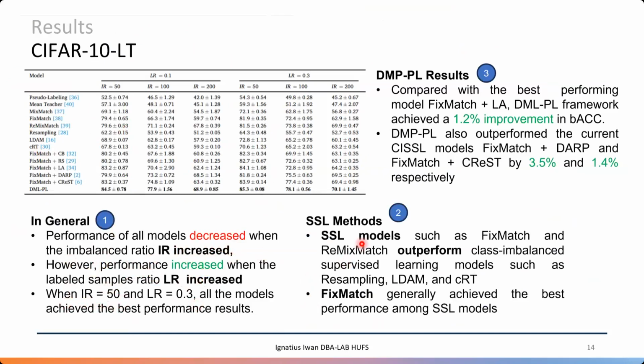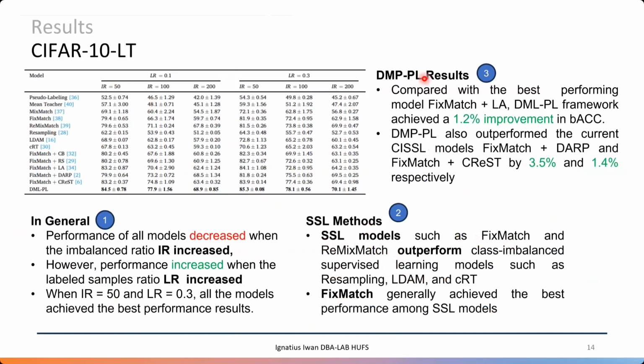And then the SSL methods, such as FixMatch and ReMixMatch, outperformed the class imbalance supervised learning methods, such as resampling, LDAM, and cRT. And according to this result, FixMatch generally achieved the best performance among all SSL models.